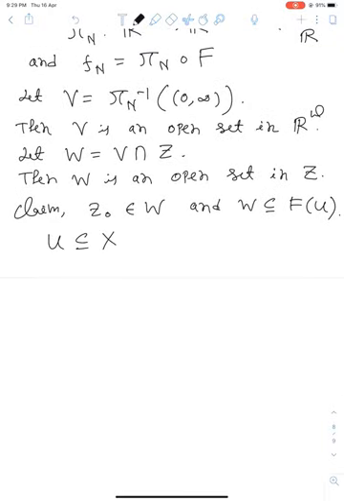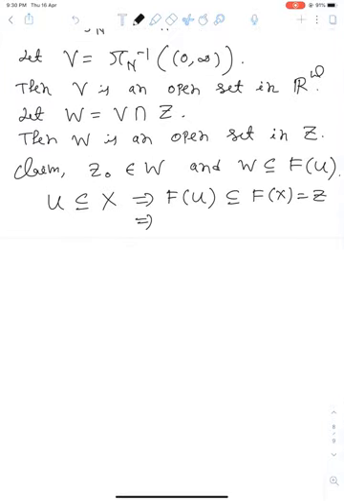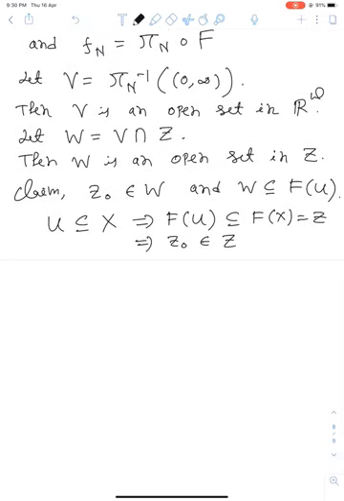So U is a subset of X. That implies f(U) is a subset of f(X), which is my Z, right? That implies z_0 belongs to Z. So that is clear. Now we just need to show that z_0 belongs to V, that means we need to check that π_n(z_0) belongs to (0, ∞).